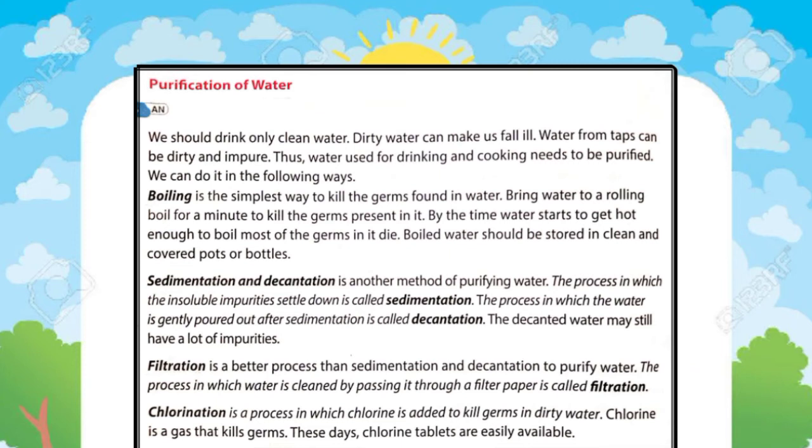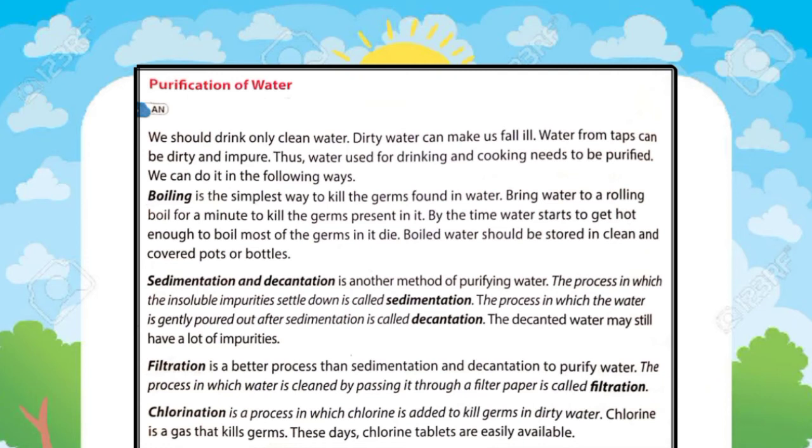Filtration is another method of purifying water. In filtration, a solution containing insoluble substance is passed through a filter paper, and on doing so, the liquid passes through the filter paper while the insoluble substance gets retained on the filter paper.